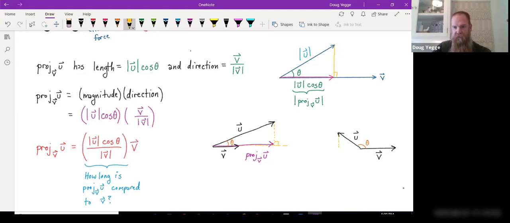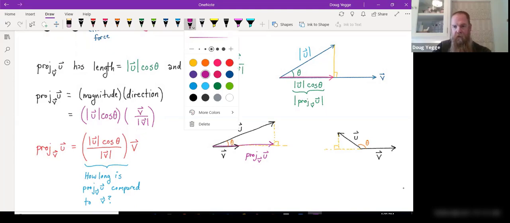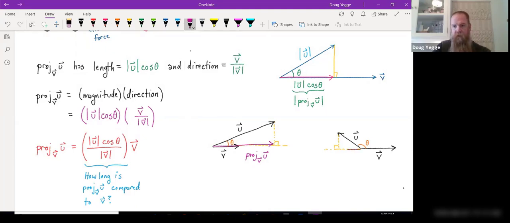So I have to extend v backwards until it becomes a 90-degree angle. And now I should realize that the projection is lying in the exact opposite direction of vector v. So there are all kinds of ways for the projection to be geometrically demonstrated here. And that's why this coefficient tells us a lot about how long that projection is in comparison to vector v. So the bottom line, the projection is always some scalar multiple of vector v.